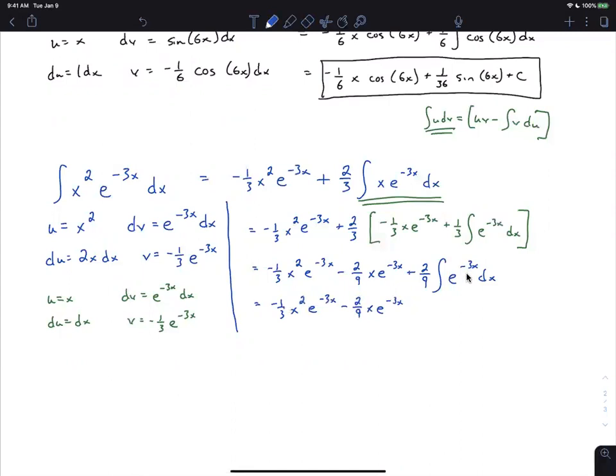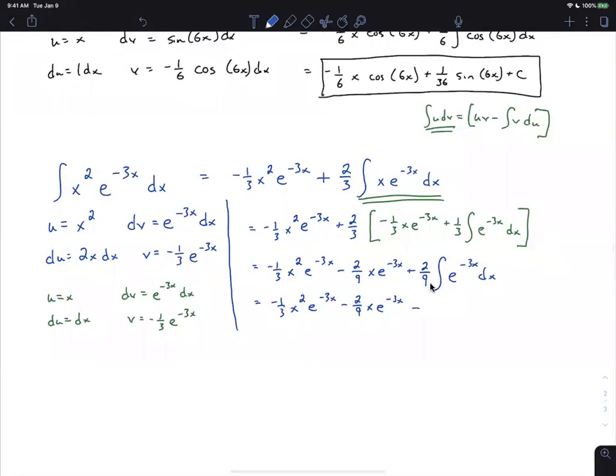So u would be -3x, du is -3, so we have a -3 inside, a -1/3 outside. That's going to make that -2/27 e to the -3x plus c.